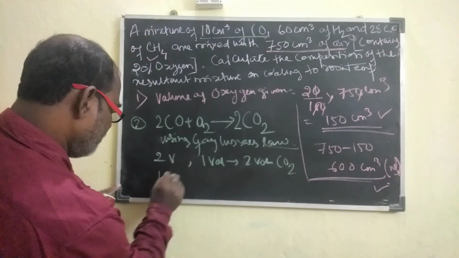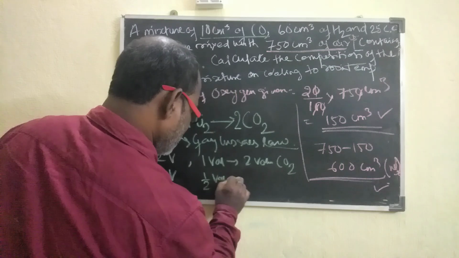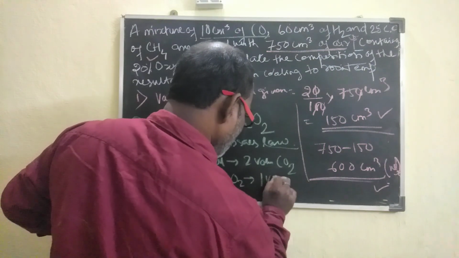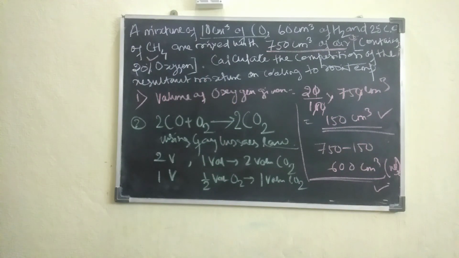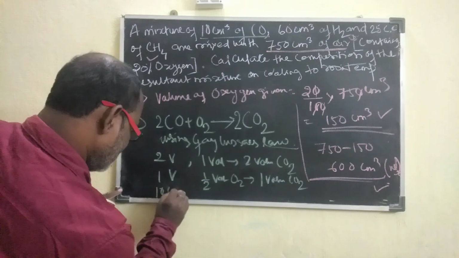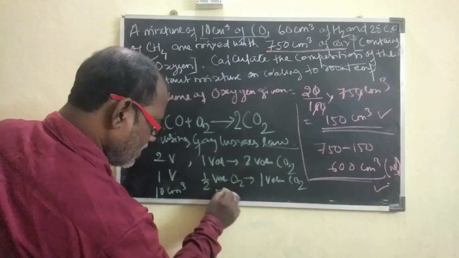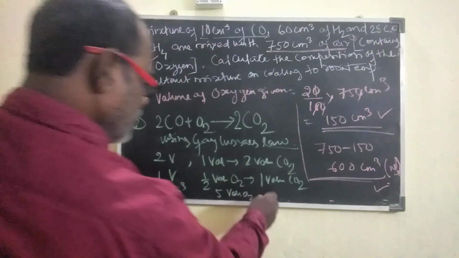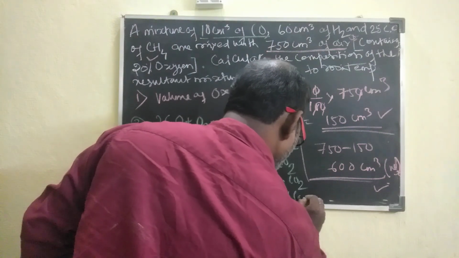So 1 volume will require half volume of oxygen to produce 1 volume of carbon dioxide. So 10 centimeter cube will require 10 by 2, that is 5 volume of oxygen, and will produce 10 volume of carbon dioxide.